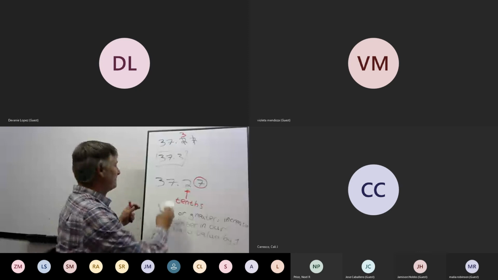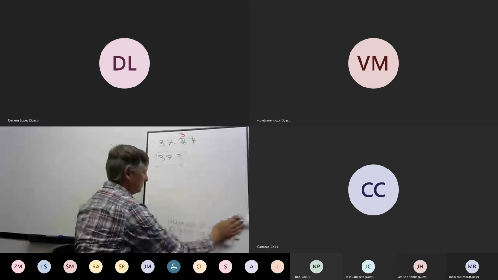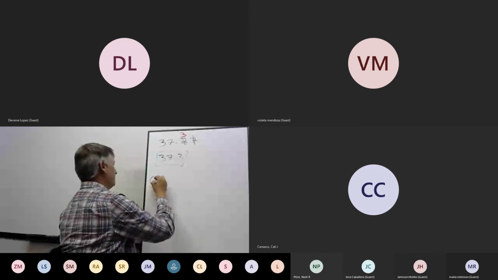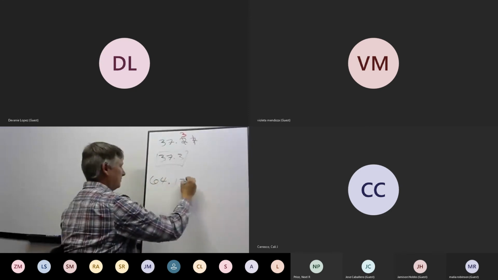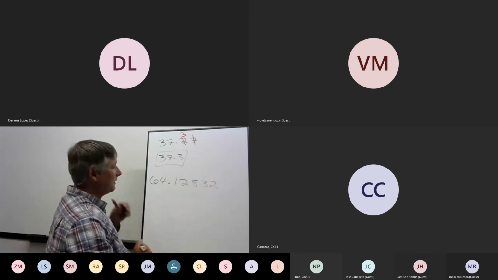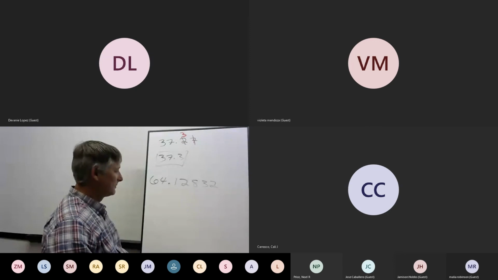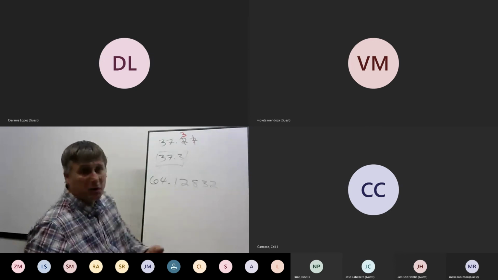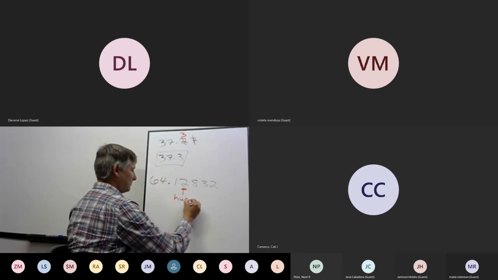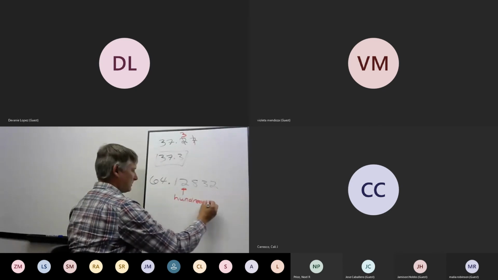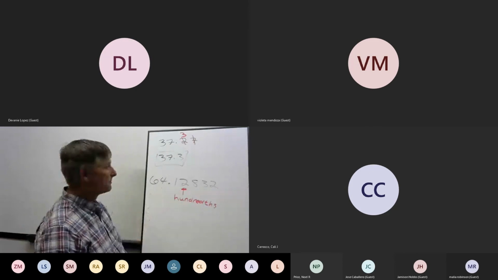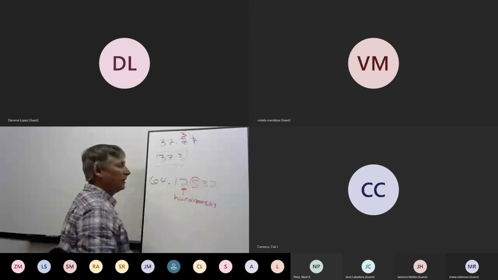Let me do another example. Let's say we have this. Now we're going to round, say, to the hundredths. So this is the tenths, that's the hundredths. So we're going to look to the number on the right.